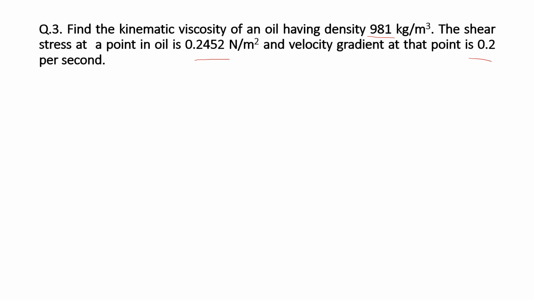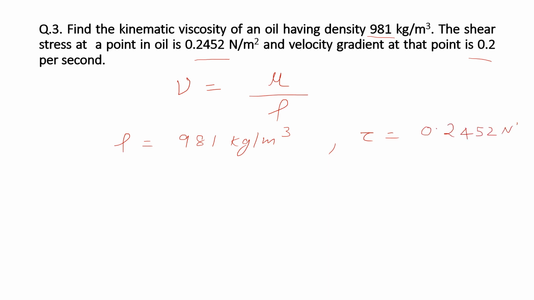We define kinematic viscosity by the symbol nu, and it is defined as the ratio of dynamic viscosity to density. So in the question we have been given mass density as 981 kg per meter cube, and shear stress is given as 0.2452 Newton per meter square, and velocity gradient, that is du over dy, is 0.2 per second.